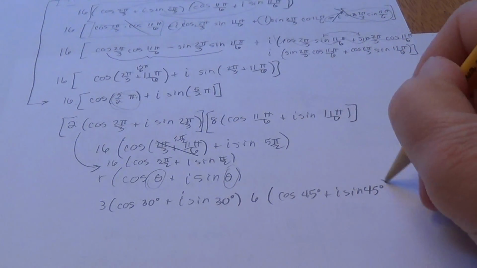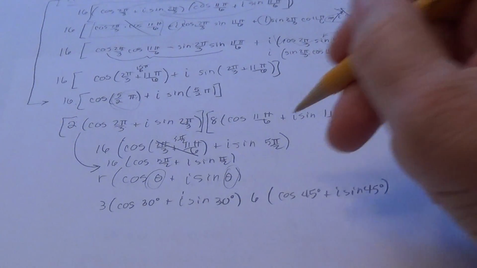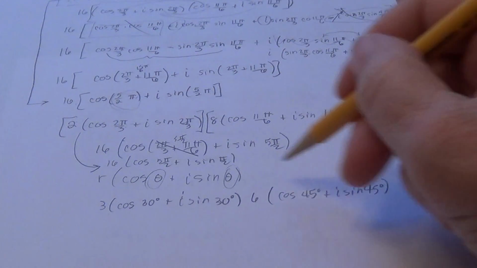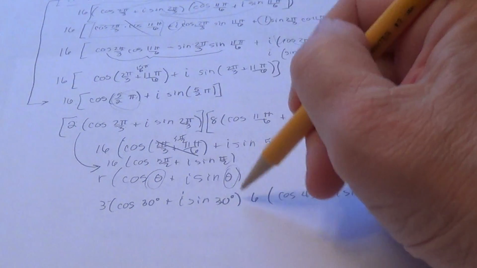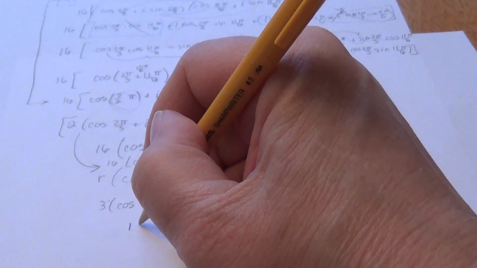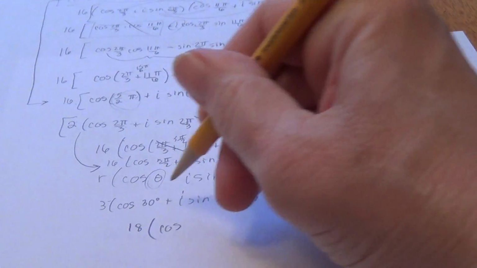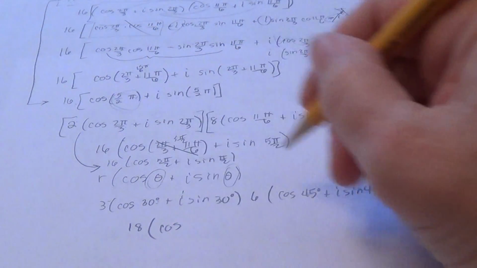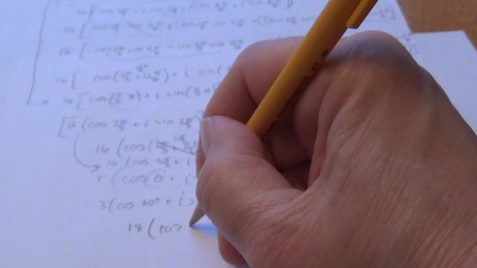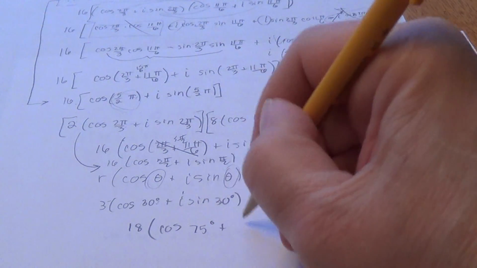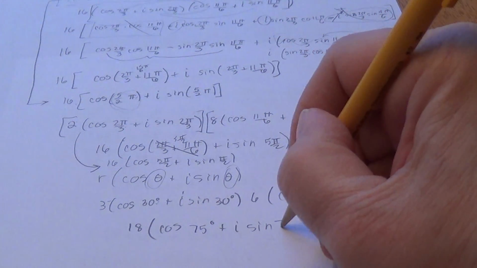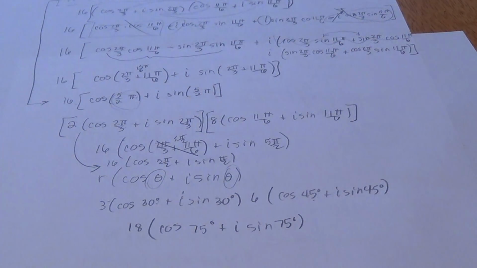Seeing the patterns, we can multiply these two complex numbers in trig form by multiplying the moduli, 6 times 3, and adding the angles, 30 and 45 is 75, then i sine 75. So that's how quick we can multiply.